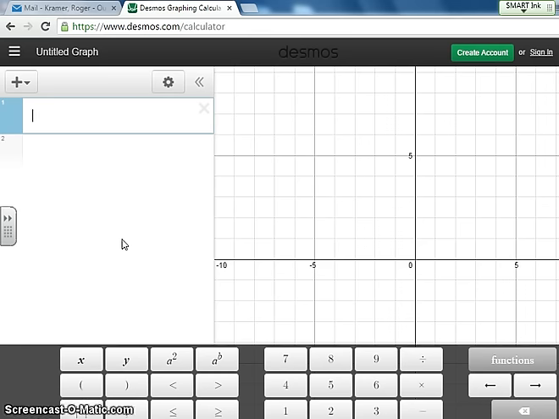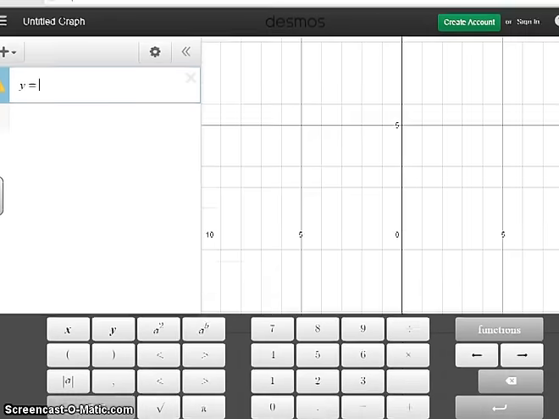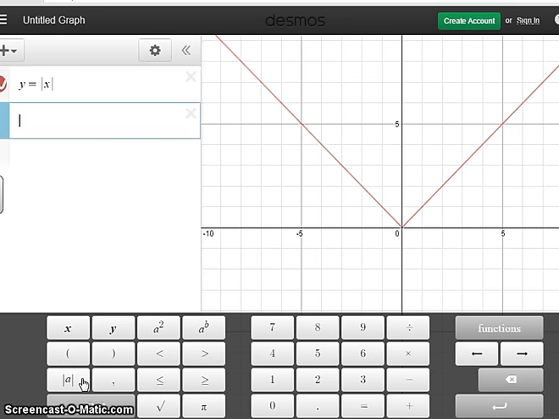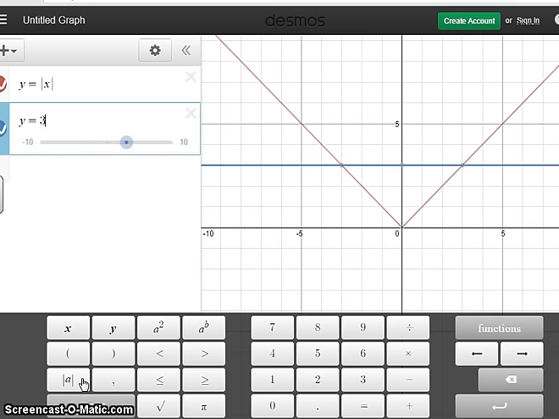You can just type in y equals, absolute value, absolute value of x, and it graphs it over there to the right. Then y equals 3. So that gives you another graphing tool that you can use at home to graph things.